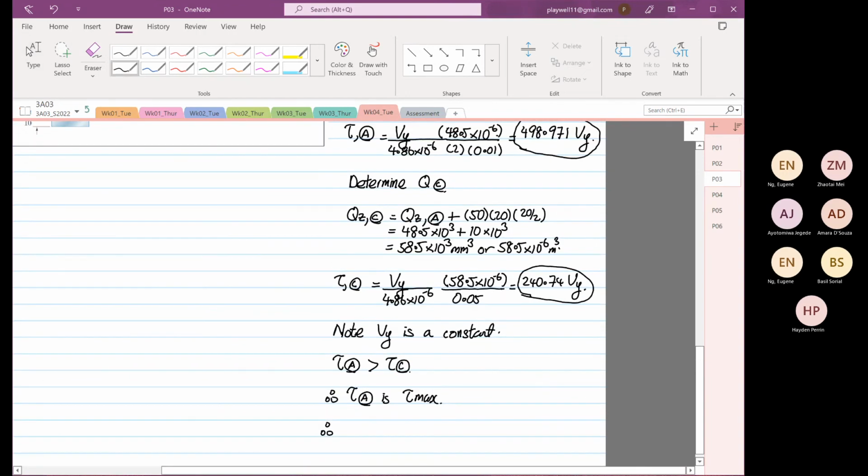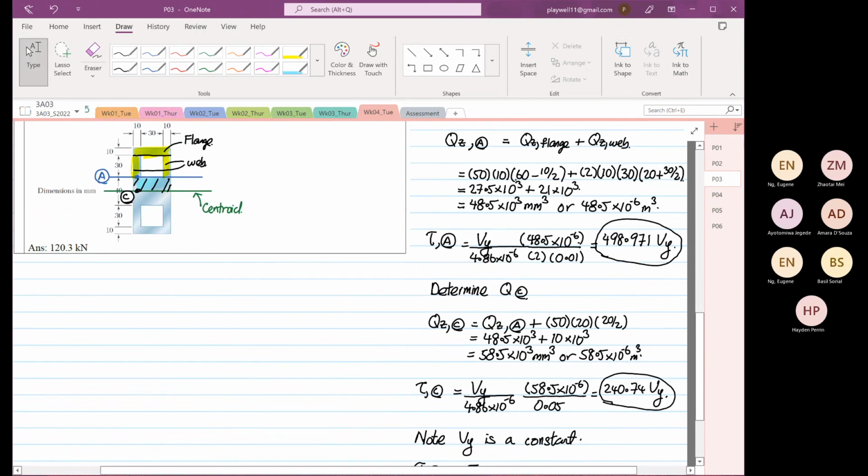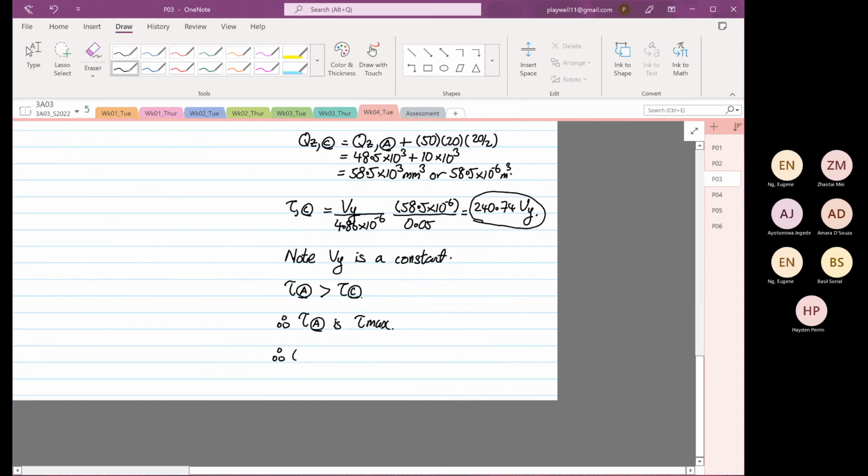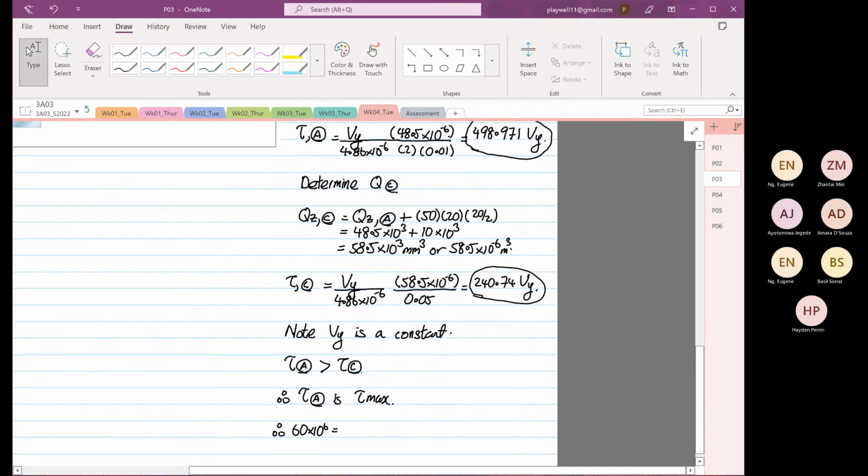So therefore, the maximum shear that we see, 60 times 10 to the power 6, is equal to our tau max, which is 498.971 Vy.